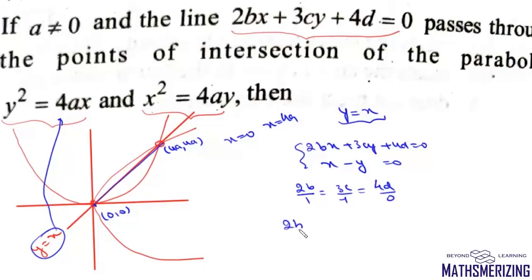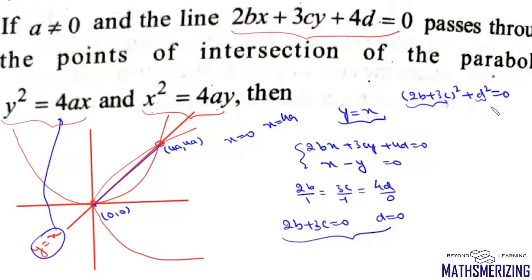So from here we'll say 2b plus 3c should be 0 and d should be 0. So the option which was given in the question was 2b plus 3c whole square plus d square equals to 0. So in case of real numbers, x square plus y square can only be 0 when x is 0 and y is 0. So that's how we get this condition, which is 2b plus 3c equals 0 and d equals 0.